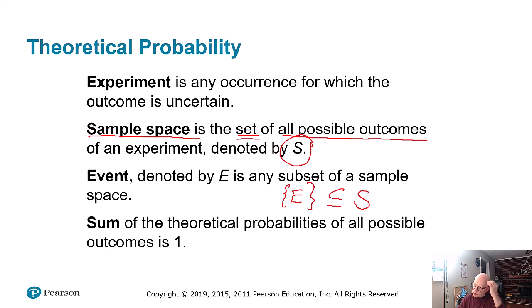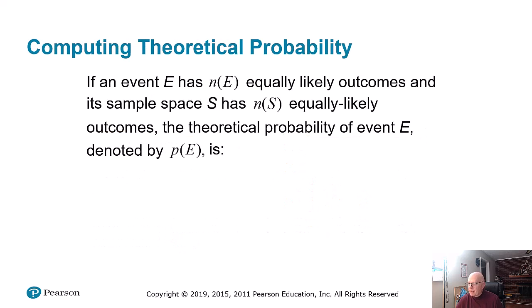One thing also to remember is that if you add up all the theoretical probabilities, you should get exactly 1, barring some round-off errors, of course. Now, this is very important. For any event, the outcomes need to be equally likely for you to get a theoretical probability. The sample space has equally likely simple outcomes.